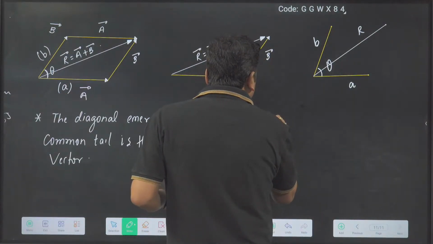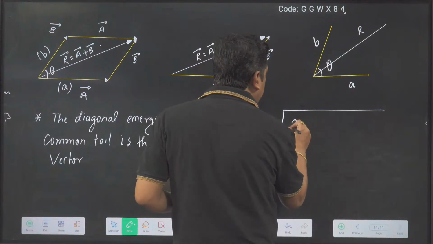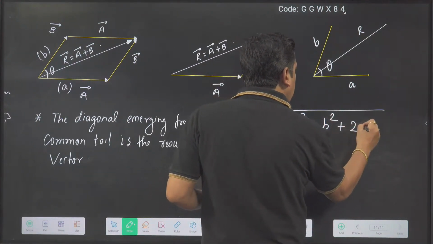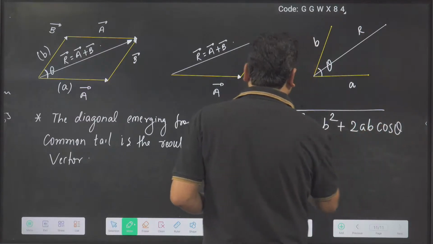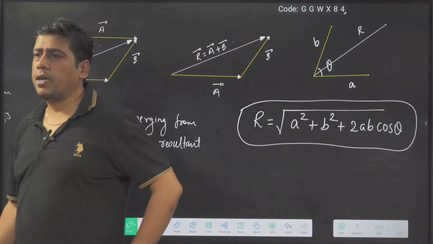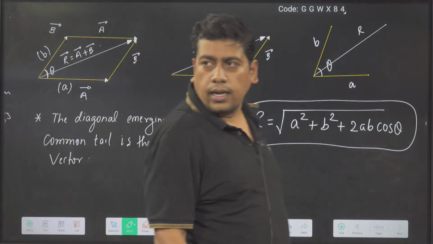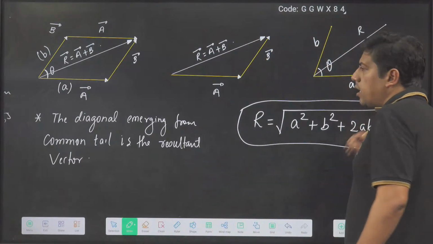What is the value of this resultant? The magnitude of this resultant is under root a square plus b square plus 2ab cos theta. I hope you are familiar with this term. Under root a square plus b square plus 2ab cos theta.